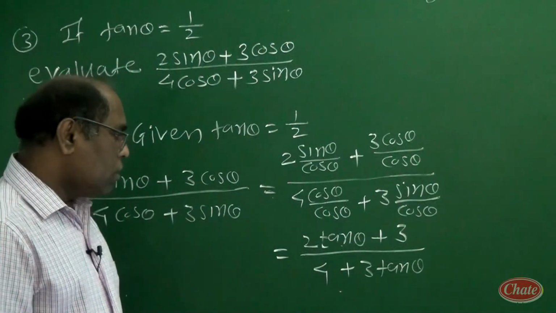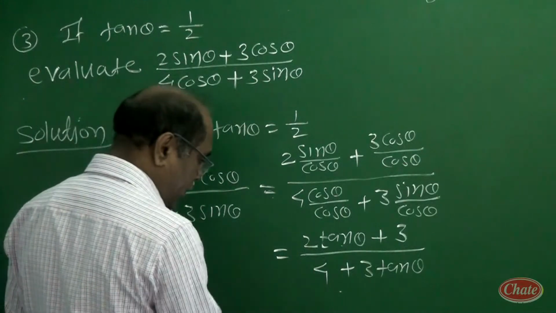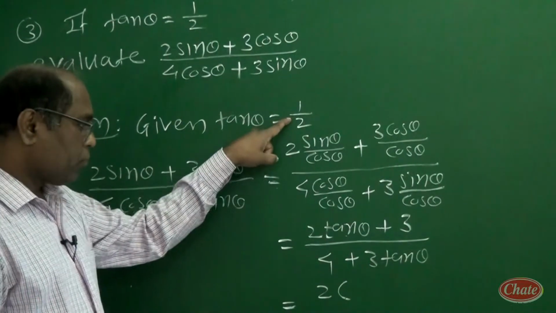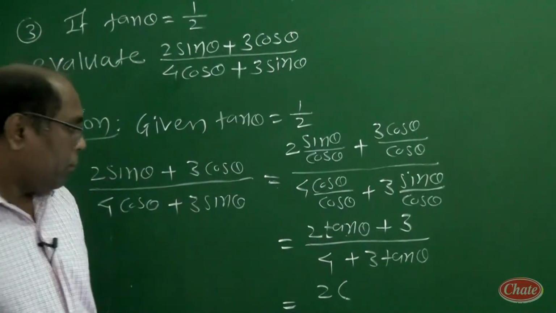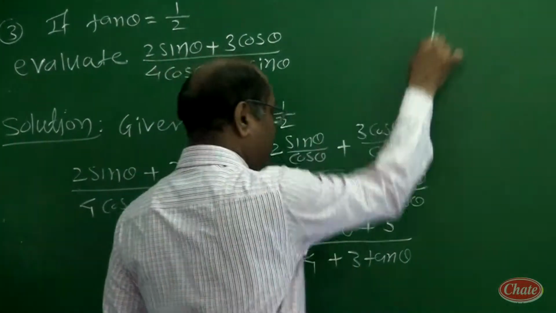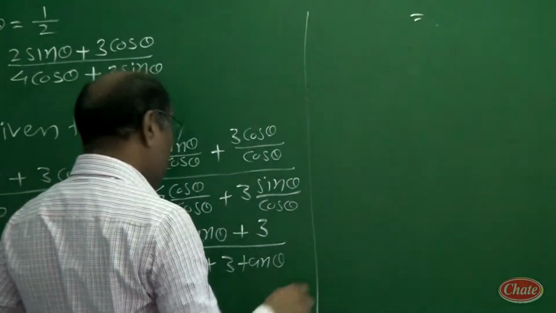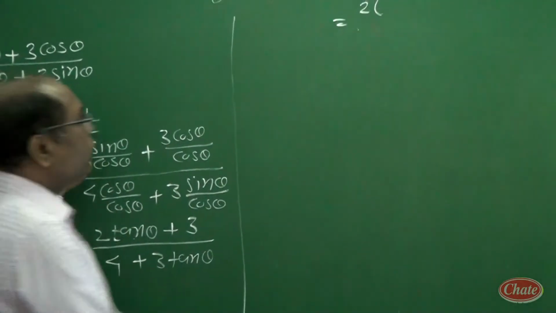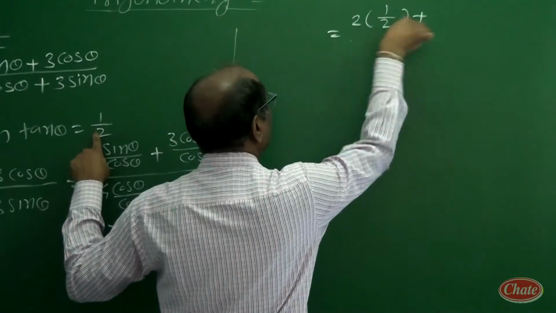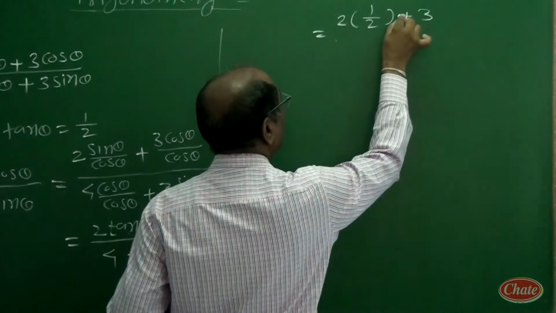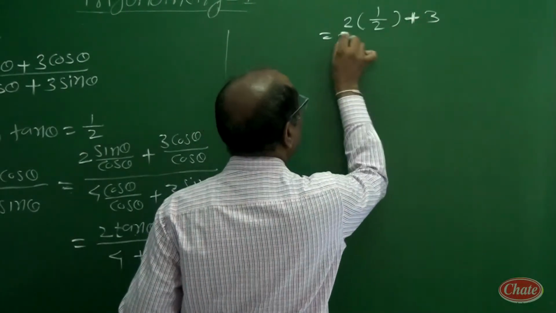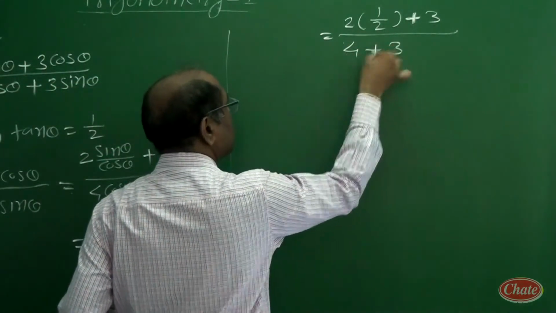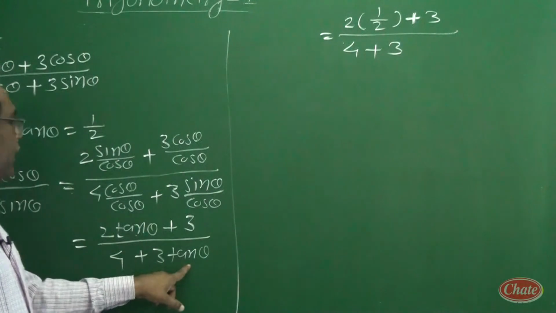Now we have to put the value of tan theta, which is 1 by 2. So that is equal to 2 into 1 by 2 plus 3, divided by 4 plus 3 into 1 by 2.